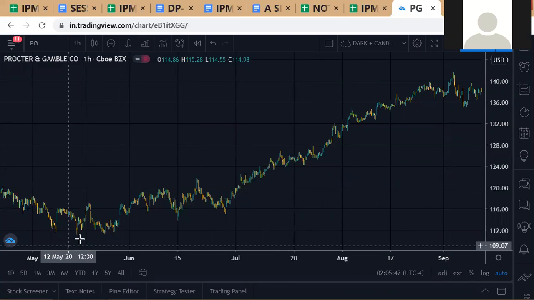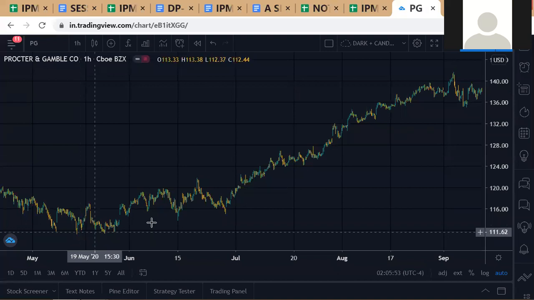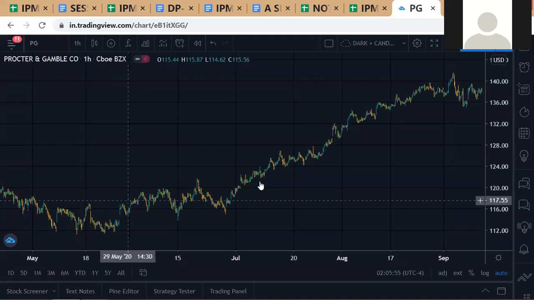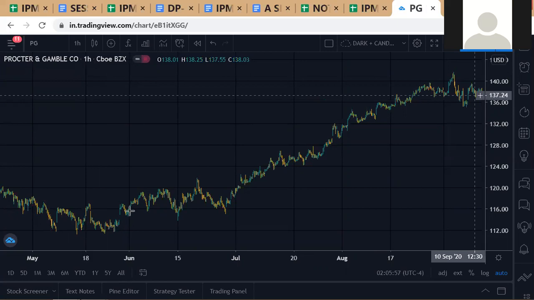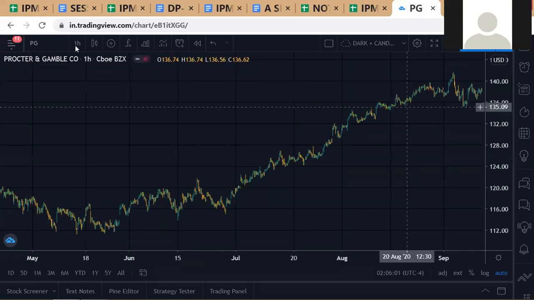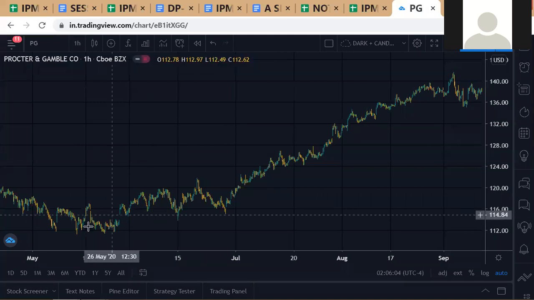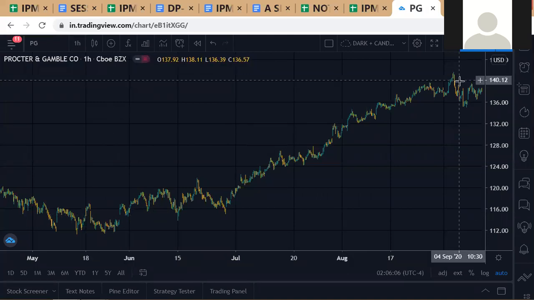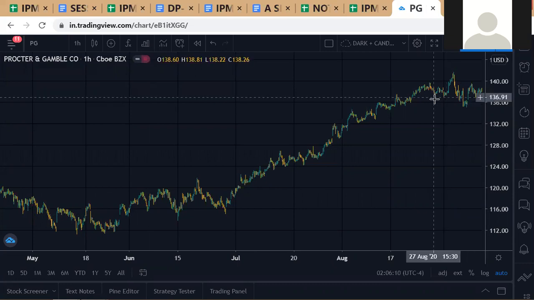So why did I say that the zoom level, or the degree of pattern, or the pattern size, is a particular size of pattern? Why is that statement important? Because here you can see this level of detail, since it's a 1 hour chart. You can see higher highs and higher lows until this point when this low is broken by the decline here.